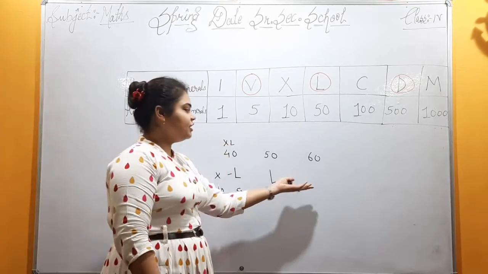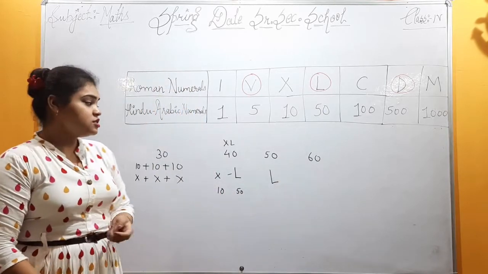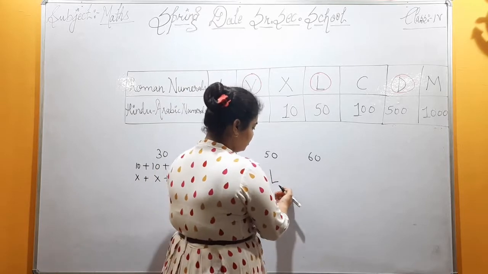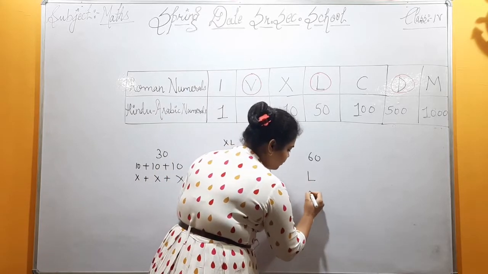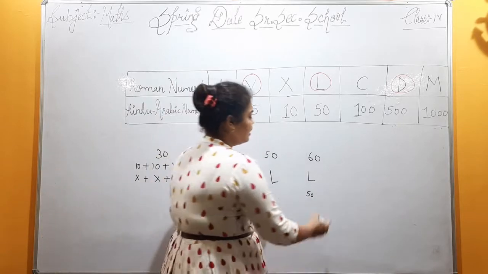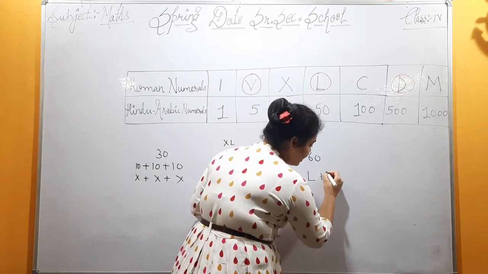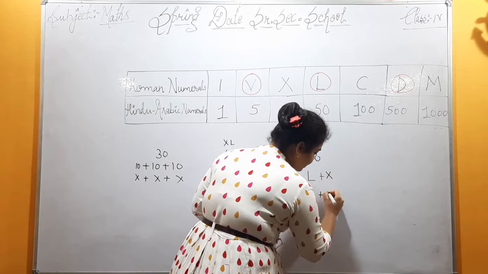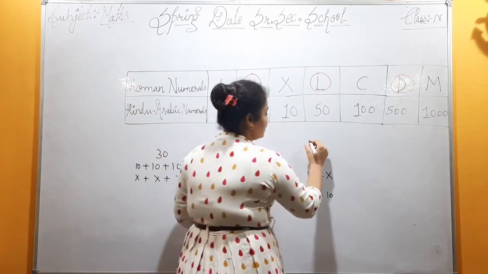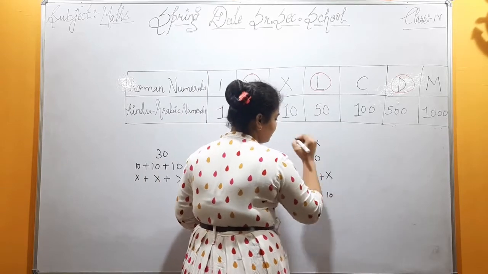Now we have to write the number 60. We will just write L, because L is 50. And we have to make 60, so we will add 10 to this. And how do we write 10? As X. So what number is formed? 60. And how do we denote 60? LX.